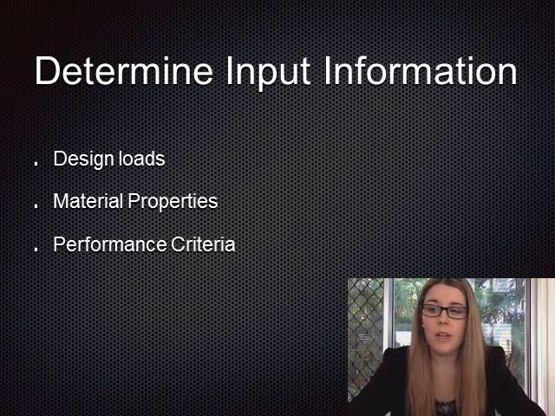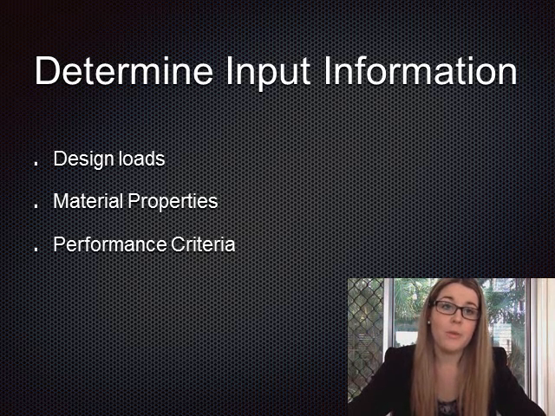Therefore, the engineering calculations can determine the input information used to determine the factor of safety. Input information can include the size of the structural member or the process equipment components, the design load, and material properties or performance criteria of the member.